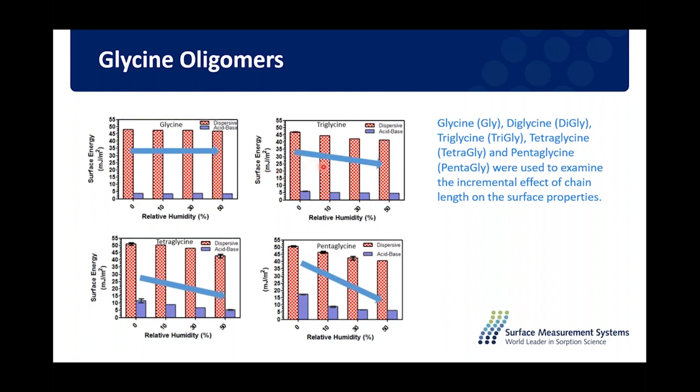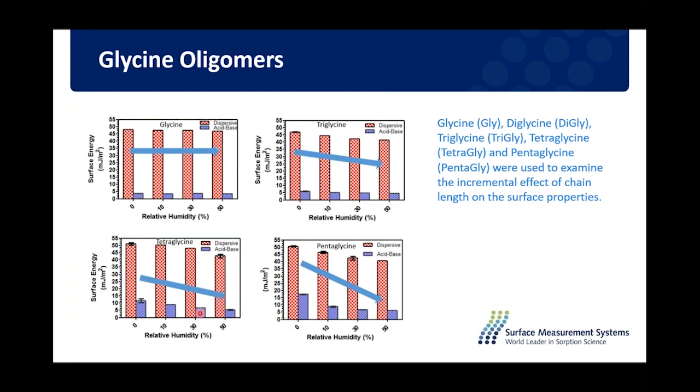However, as we increase the glycine chain length, going to triglycine, tetraglycine, and pentaglycine, we can see two things happen. Number one, the polar contribution becomes more and more significant relative to the total surface energy. So we can see a much higher polar contribution. And then as we increase the relative humidity, the surface energy is affected dramatically by the water.